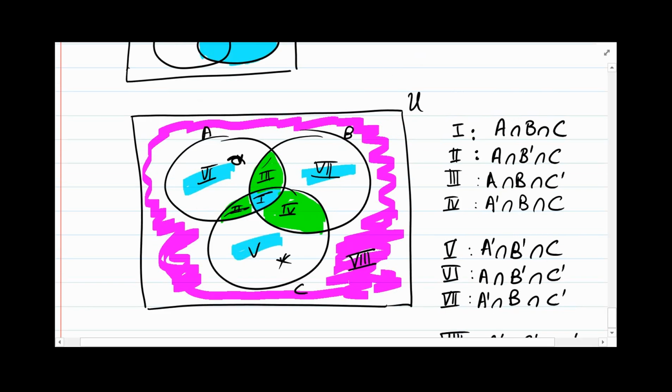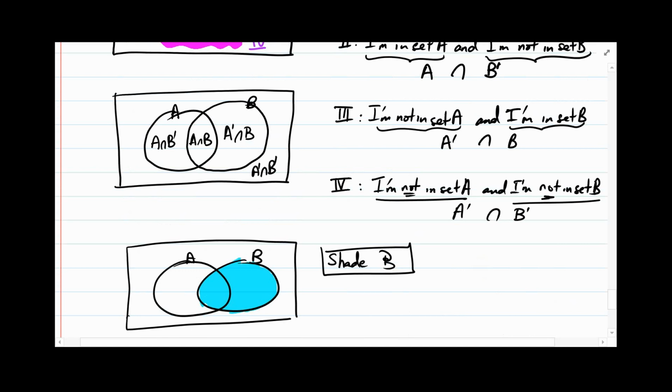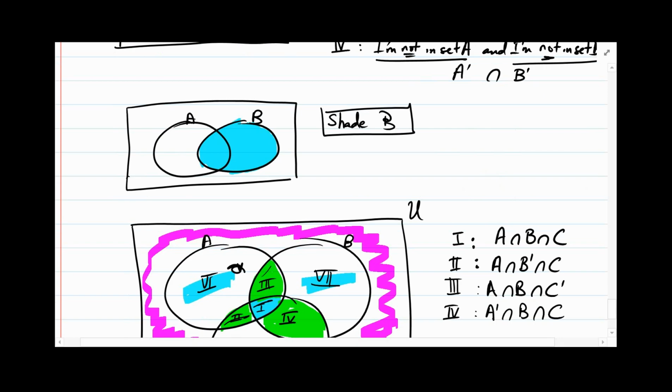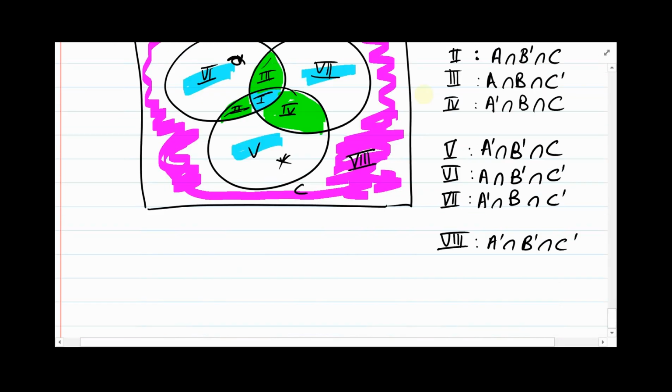Right, before we go any further, however, let us go back to the Venn diagram with two sets, and let's look at something called De Morgan's theorem.